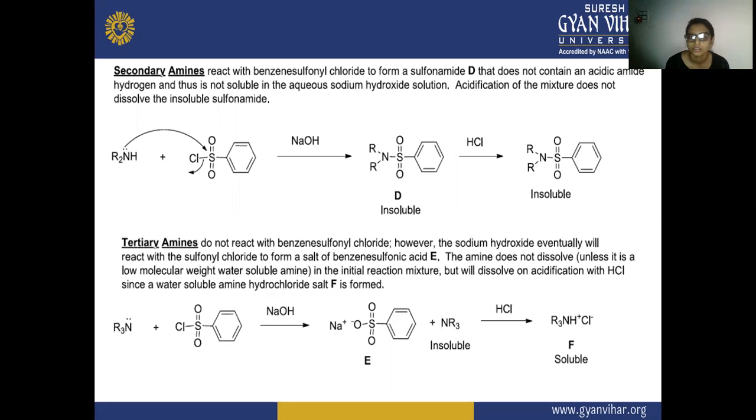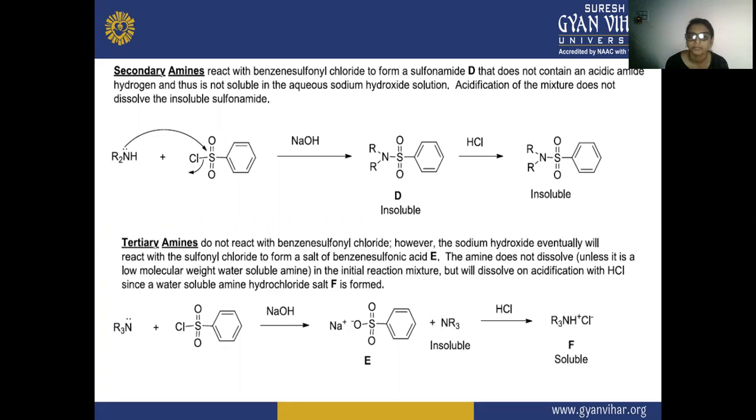So this is a secondary amine which we have reacted with a benzene sulfonyl compound, and there is a formation of a sulfonamide B that does not contain an acidic amide hydrogen, and thus is not soluble in the aqueous sodium hydroxide solution, and the acidification of the mixture does not dissolve the insoluble sulfonamide.